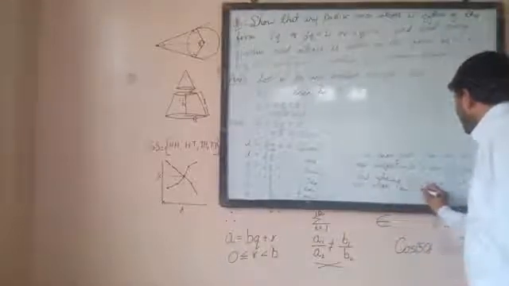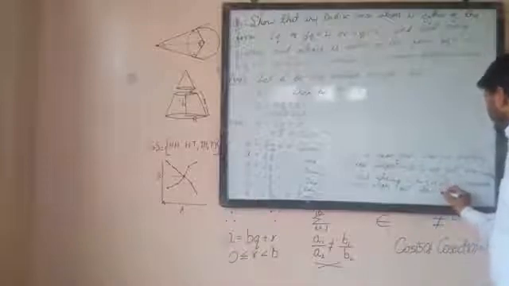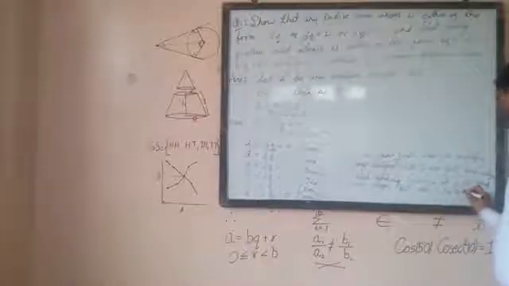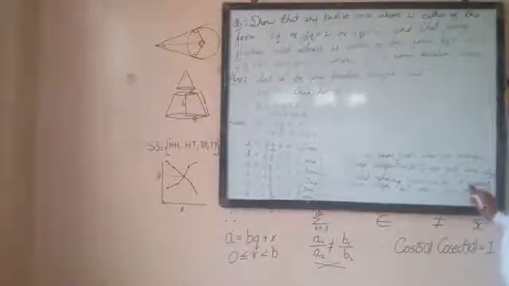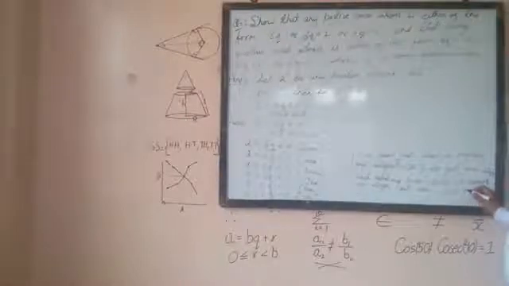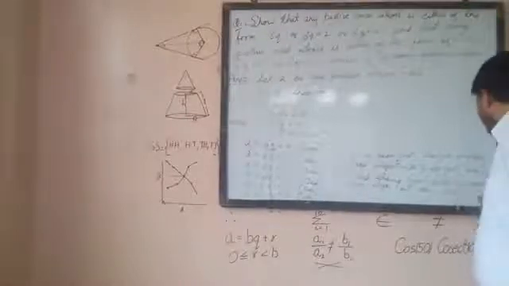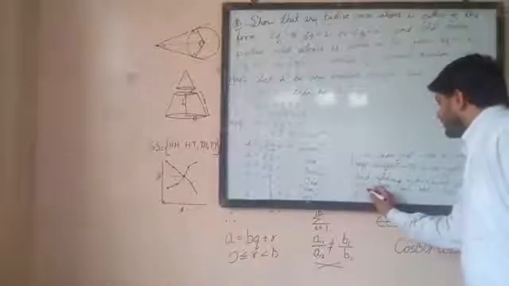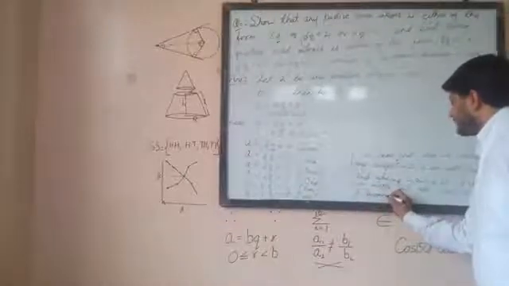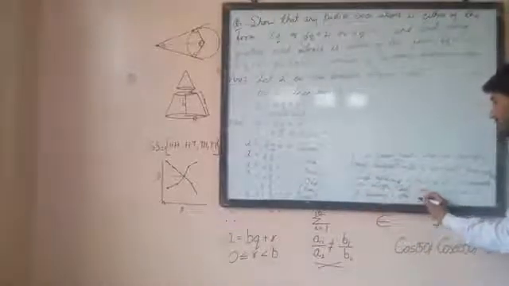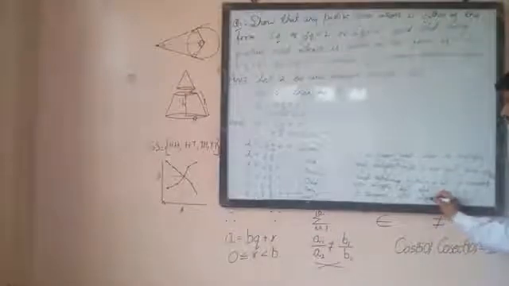But adding 1, 3 or 5 to it, it becomes an odd integer.